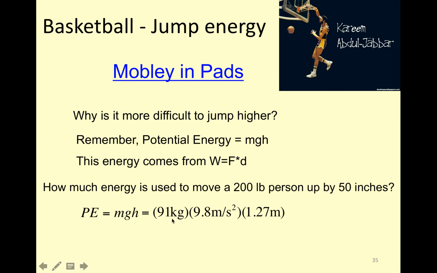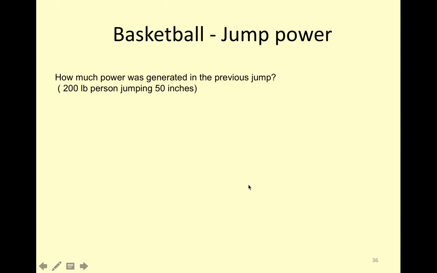But anyway, so 91 kilograms, times 9.8 meters per second squared, times 1.27 meters, which is about 50 inches, takes a lot of energy. So if you added just another 20 pounds there, it becomes pretty intense.